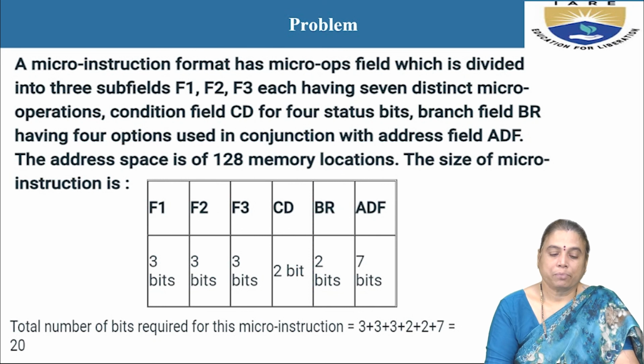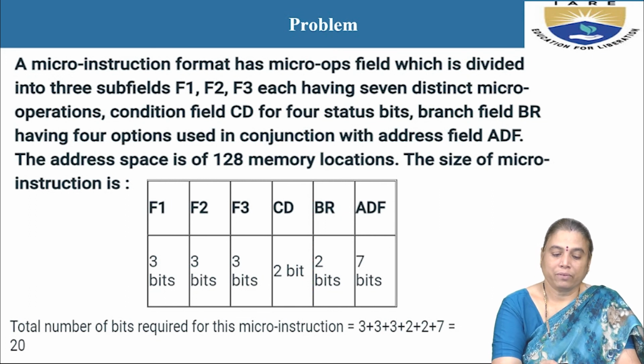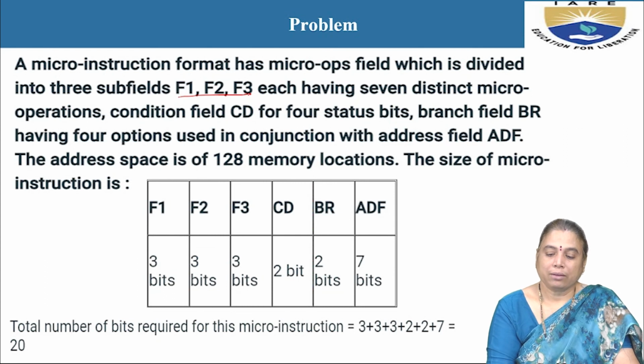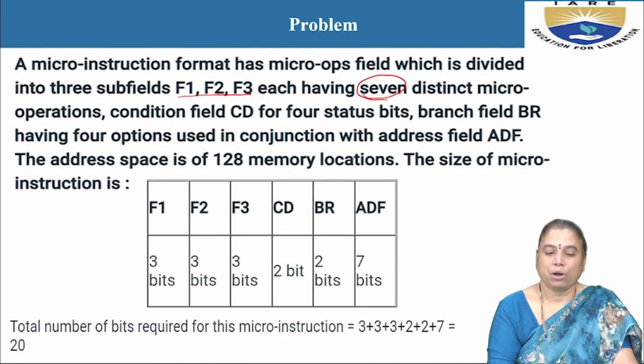Now consider a problem. A micro instruction format has micro operational fields which are divided into 3 subfields F1, F2, F3, each having 7 distinct micro operations. So each field is specifying 7 distinct micro operations, which means each field is 3 bits in length.